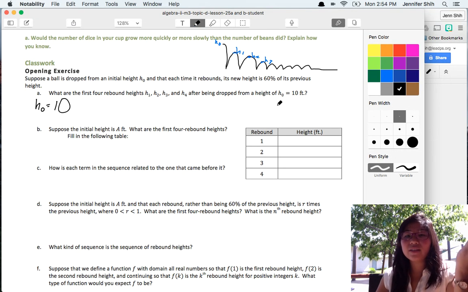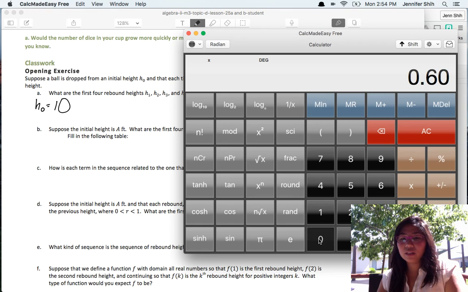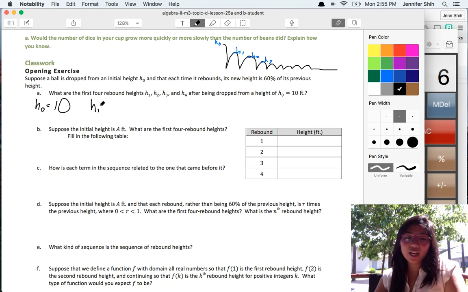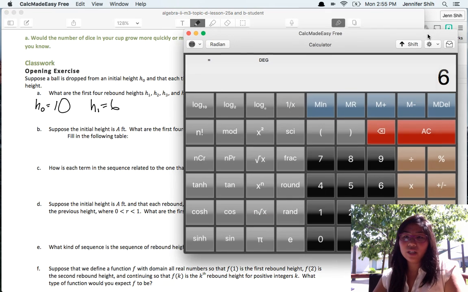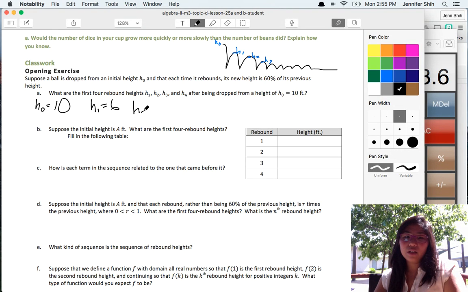Now, what is 60% of 10? 60% of 10 is 6. So if we look on our calculator, 10 times 0.6 is 6. So our first height is just 6. What is 60% of that? We're going to multiply that by 0.60. So 3.6. Our height 2 is 3.6 feet.